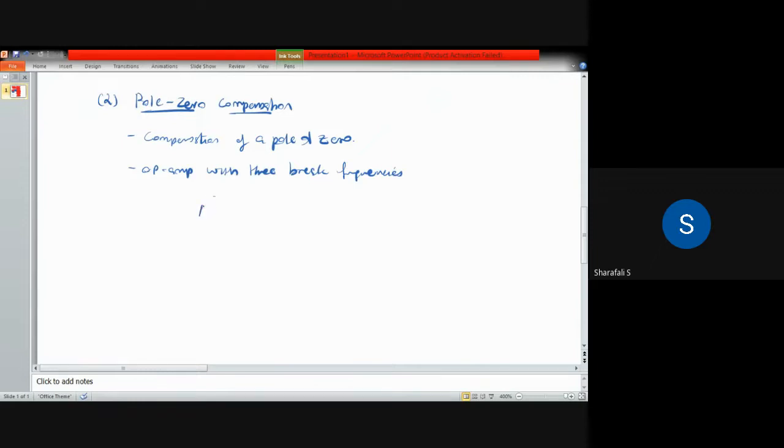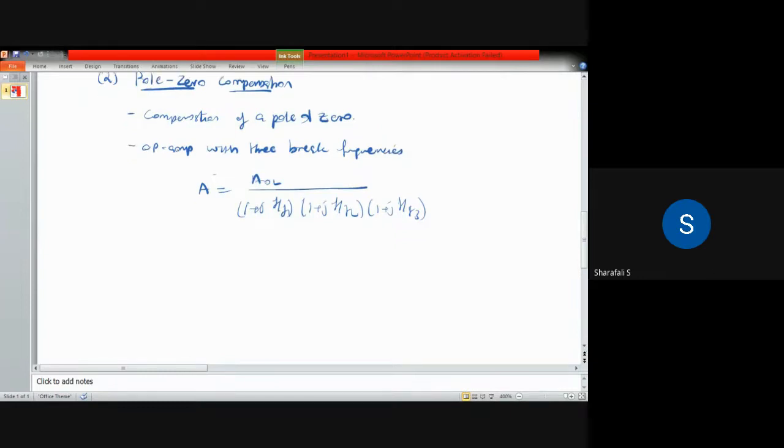So A will be equal to AOL divided by 1 plus j f by f1, then we have 1 plus j f by f2, and so on. So after this pole zero compensation, our transfer function will be modified.